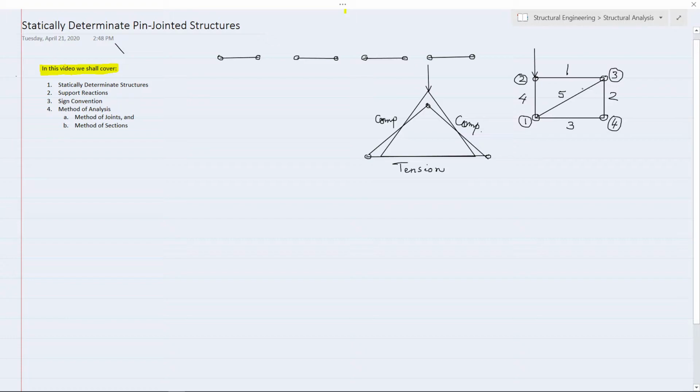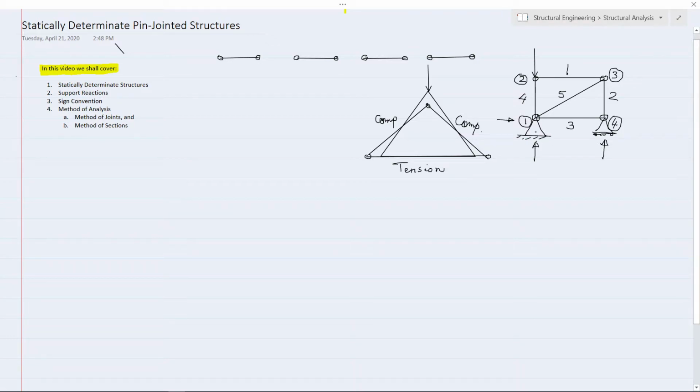Now if this frame is supported, we know that this will be supported on a hinge at one location and on a roller support at another location. So at the hinge we expect two directional forces or reactions, but in the roller support there will be only one.